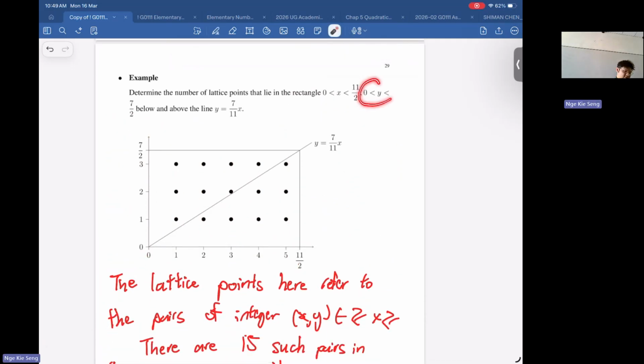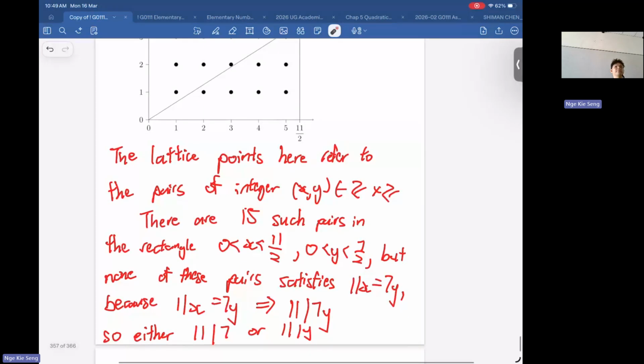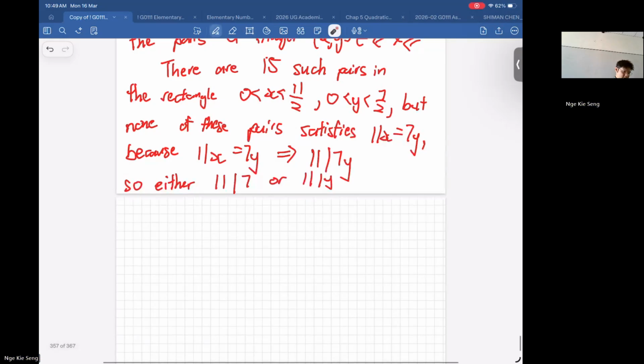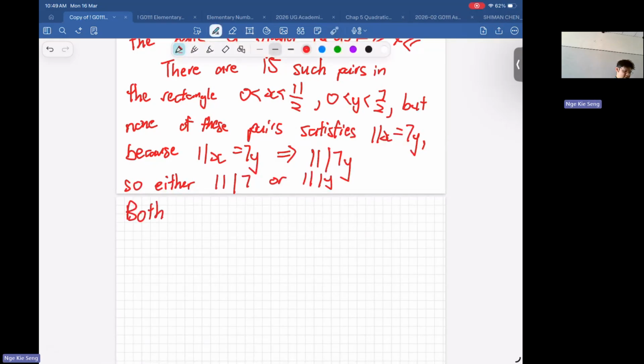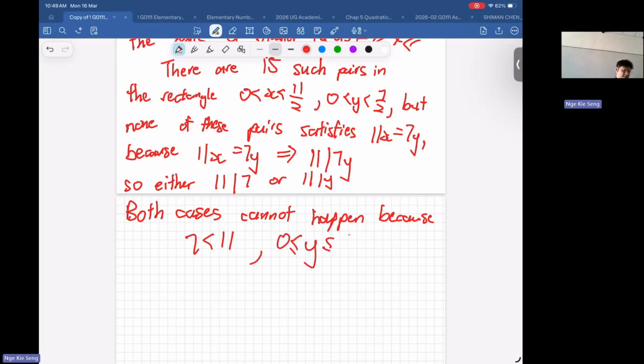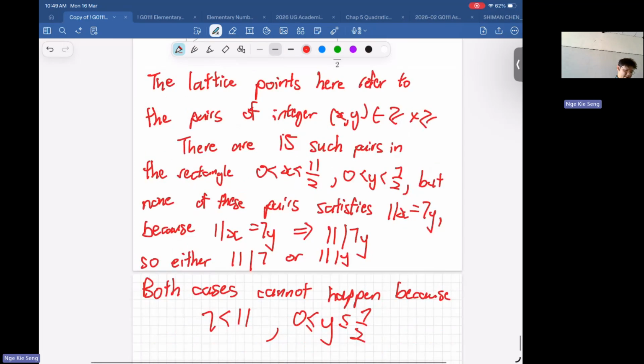Your y is just from 0 up to 7/2, a number smaller than 11. So both cases cannot happen, because 7 is less than 11 and y is strictly between 0 and 7.